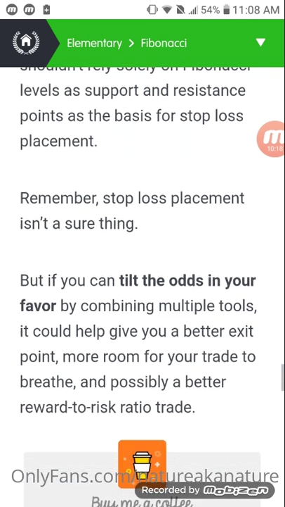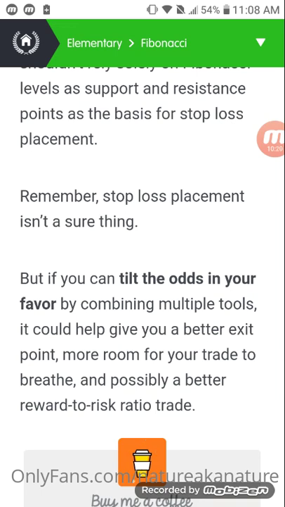That's why we go over everything in our courses and on all our videos, so you know how to use Japanese candlesticks, trend lines, moving averages, RSI, and Fibonacci. Candlestick patterns, wedges, use everything.